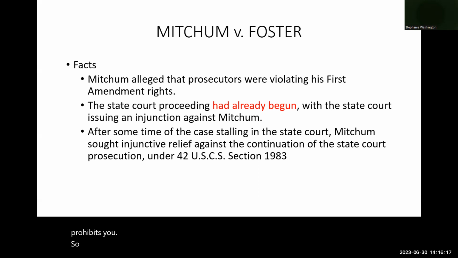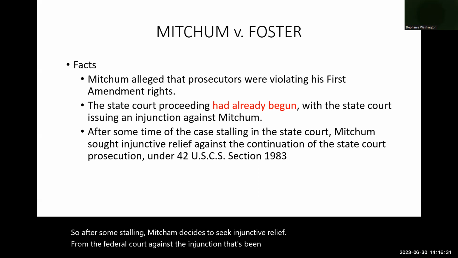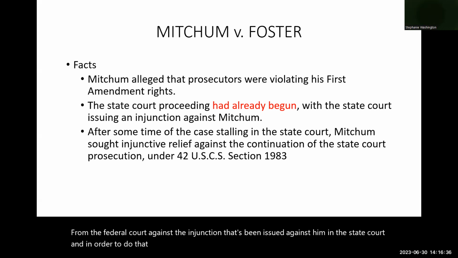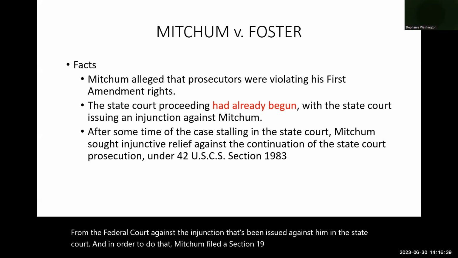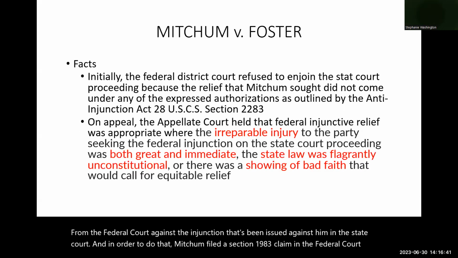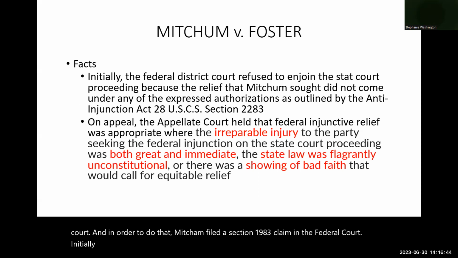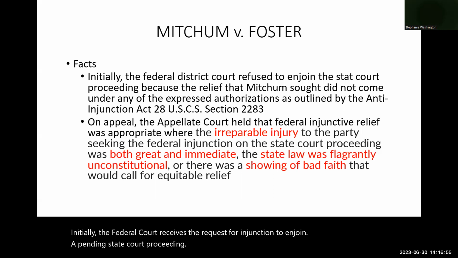So after some stalling, Mitchum decides to seek injunctive relief from the federal court against the injunction that's been issued against him in the state court. And in order to do that, Mitchum filed a Section 1983 claim in the federal court. Initially, the federal court receives the request for an injunction to enjoin a pending state court proceeding, right?